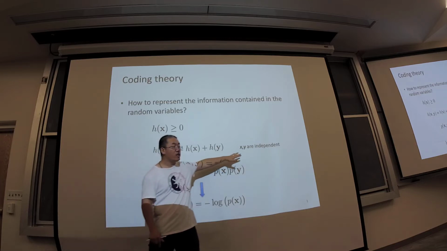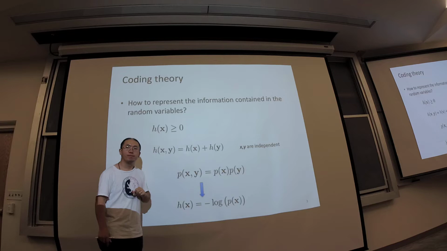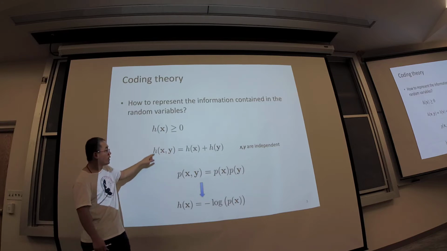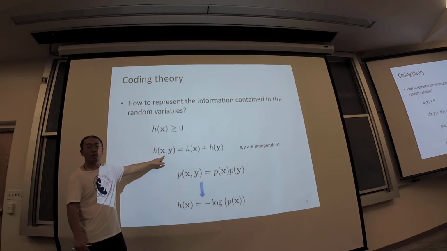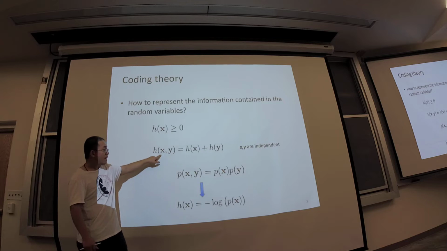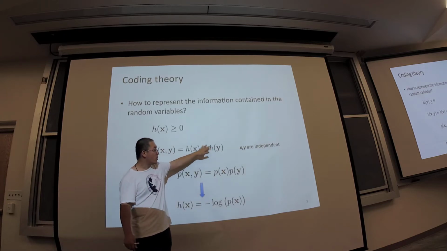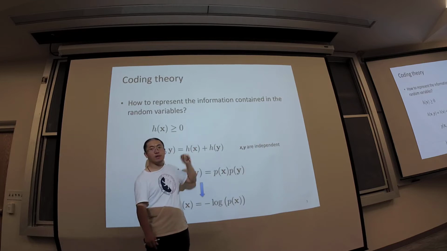If x and y are independent, that means if you know x, you still know nothing about y, and if you know y, you still know nothing about x. So naturally, I want my definition of the information on x and y, when x and y are independent, to be the sum of the information of x plus the information of y.